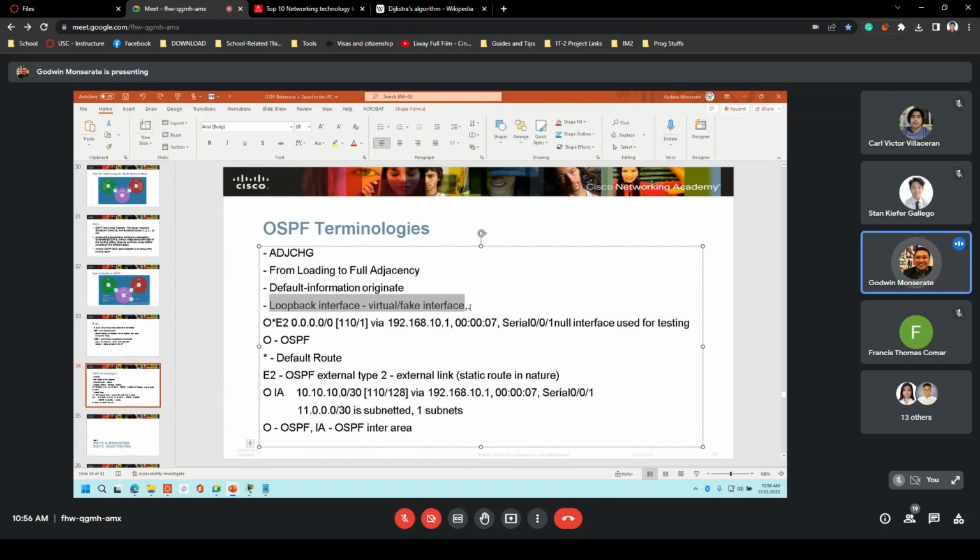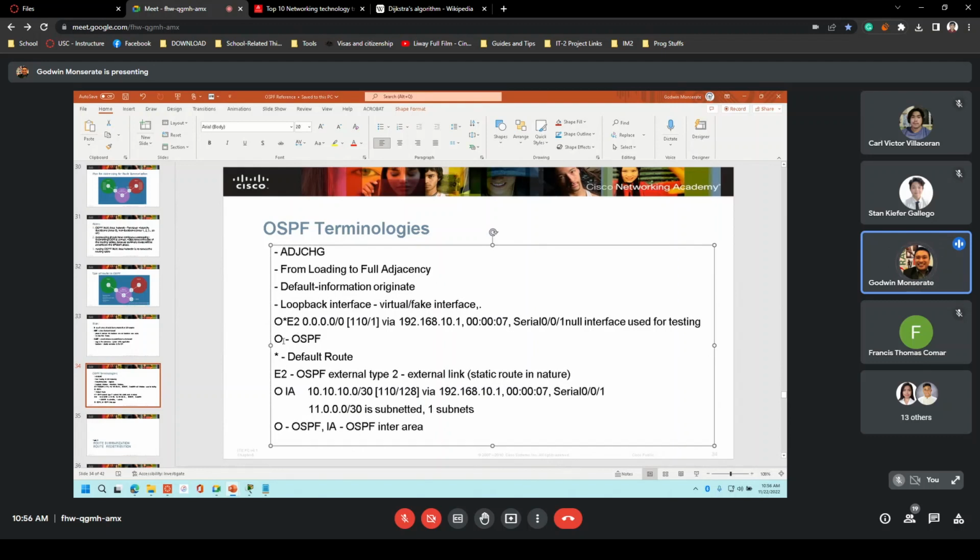Now, when you check the IP route, you can see all of this information. O stands for OSPF, the asterisk stands for a default route, and E2 is external OSPF type 2, meaning an external link, static route in nature.